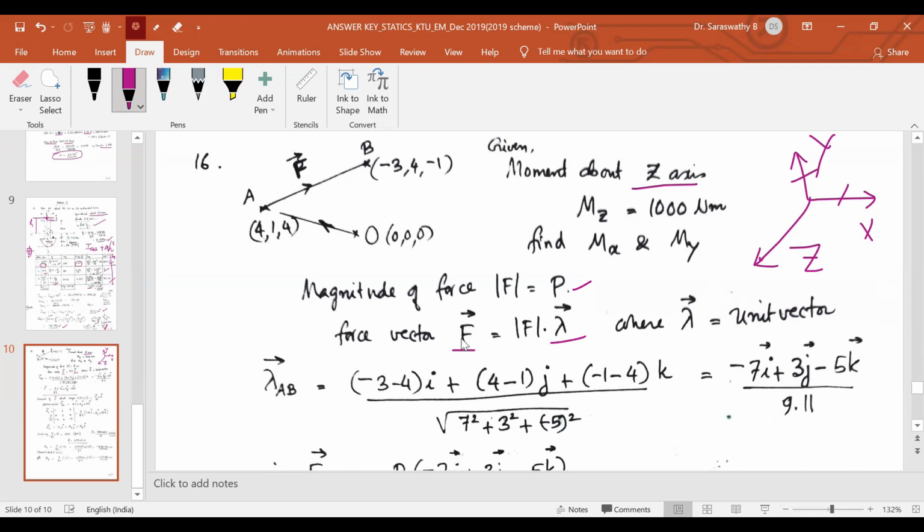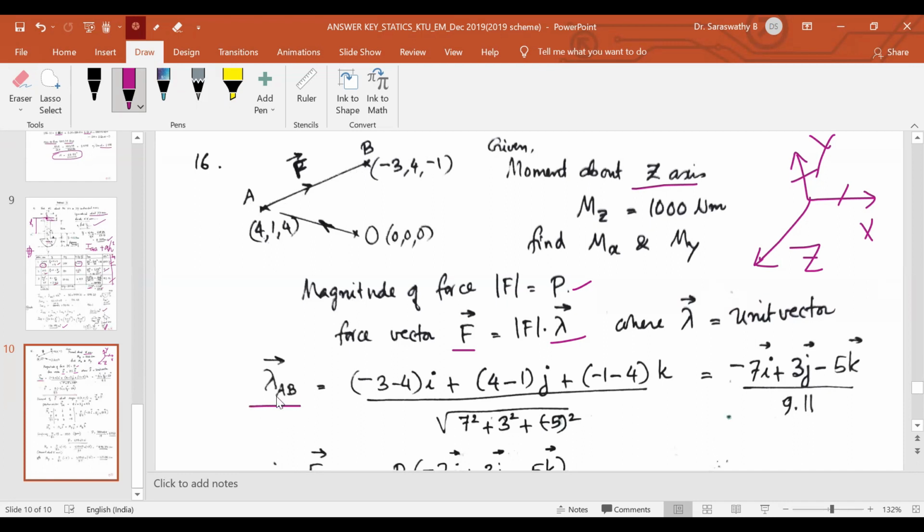So any force vector F is given by magnitude into unit vector. To find the unit vector, this is the direction of the force. So unit vector in direction AB is obtained as lambda AB.